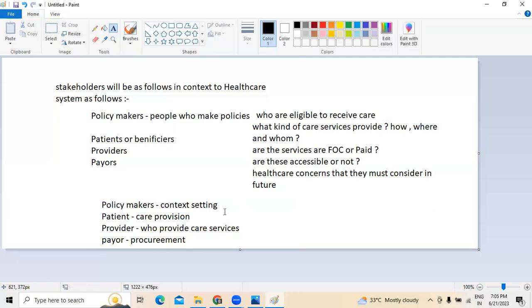Policymakers are involved in context setting. Patients receive care provision. Providers are the persons who provide care services to the patients.